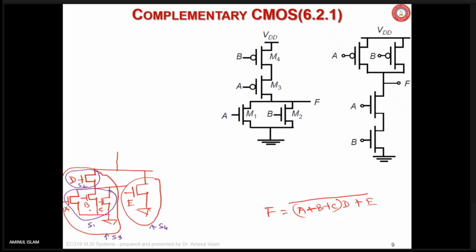In that, A, B, C are in parallel, so I have to put them in series, right? So I'm going to put them in series. This is my H1. Then this will come in parallel with H2. H2 is nothing but one single transistor.